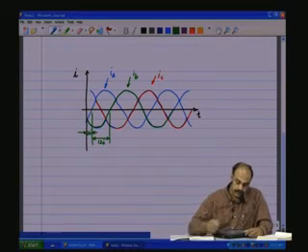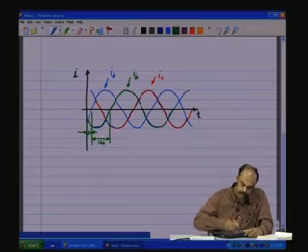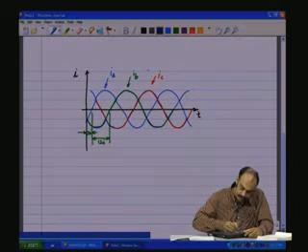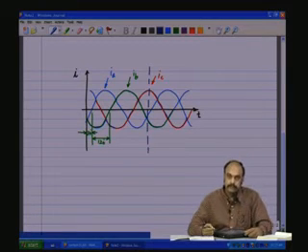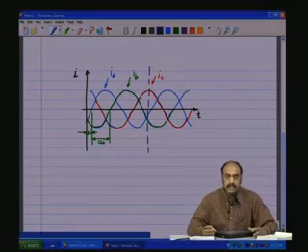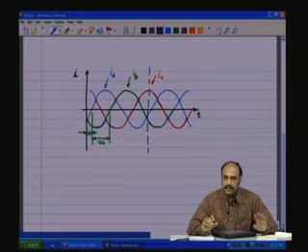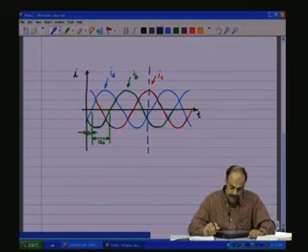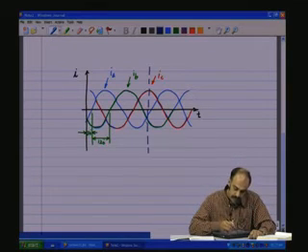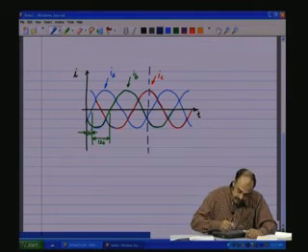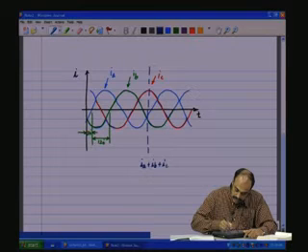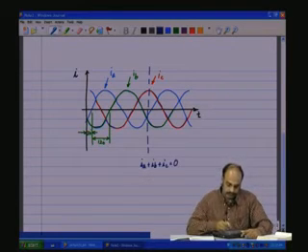So, if at any section, if the load is balanced, by balanced we mean that all the loads are of equal magnitudes, then at any given instant, IA plus IB plus IC is equal to 0.